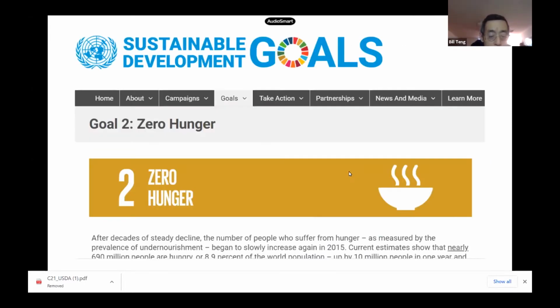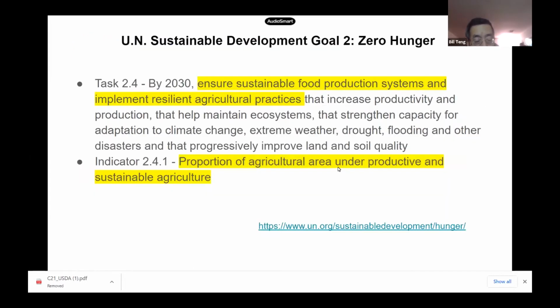And finally, the Biden climate plan supports the UN Sustainable Development Goals. Of particular interest to us, SDG 2, zero hunger. Each SDG has several tasks, and of particular interest for us is 2.4, which is ensure sustainable food production systems and implement resilient agricultural practices.